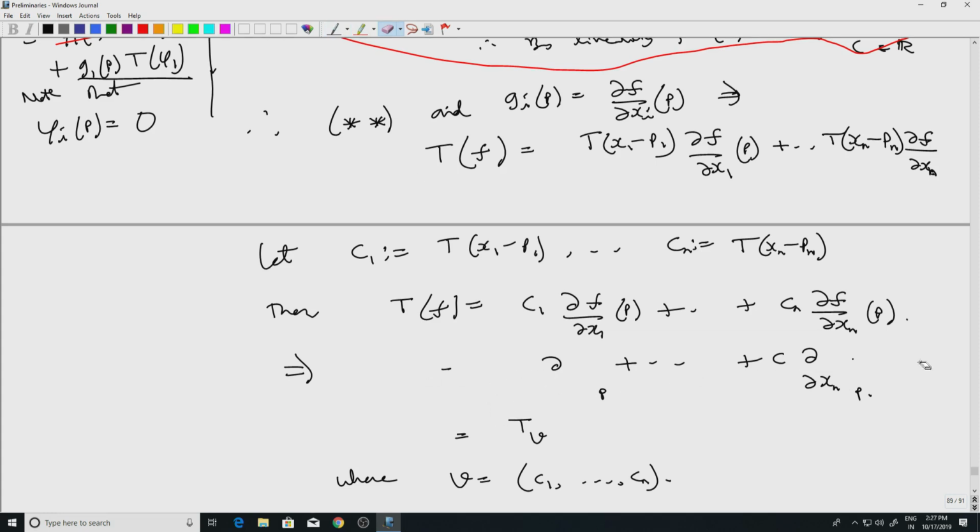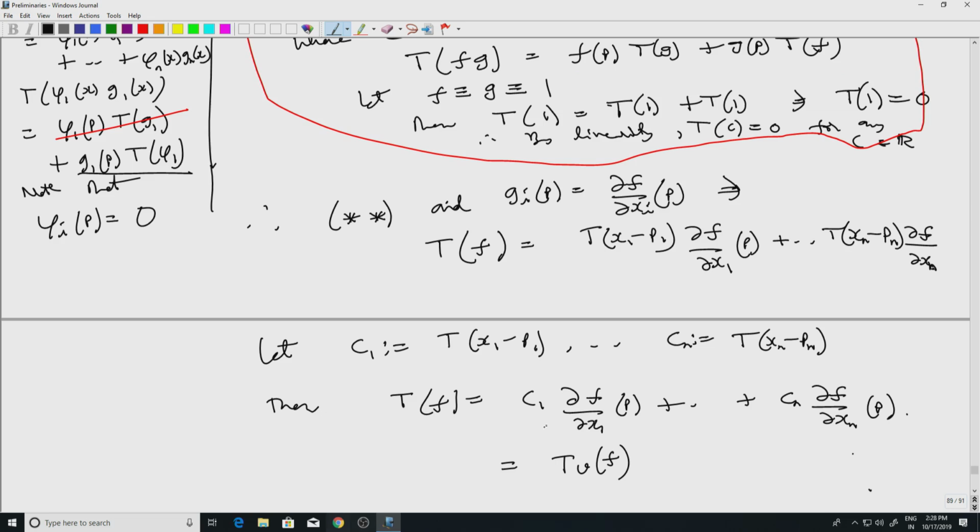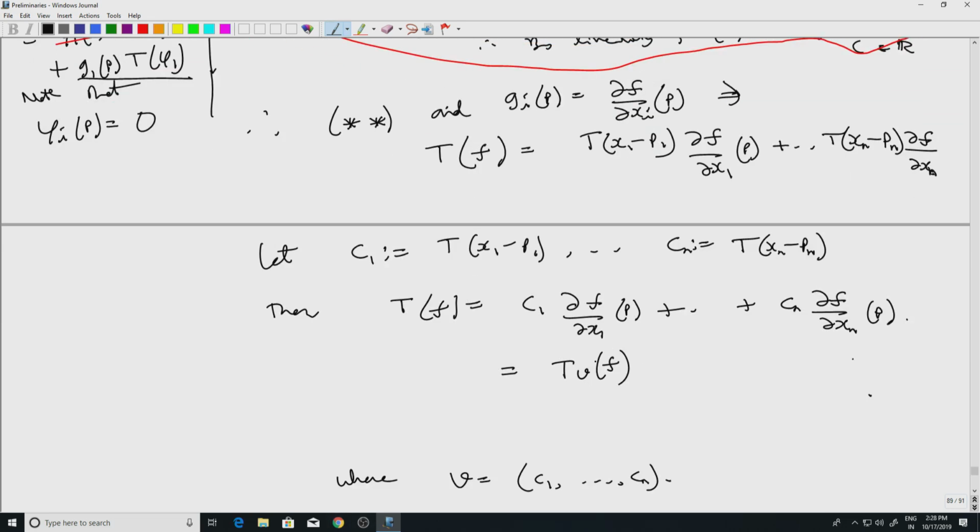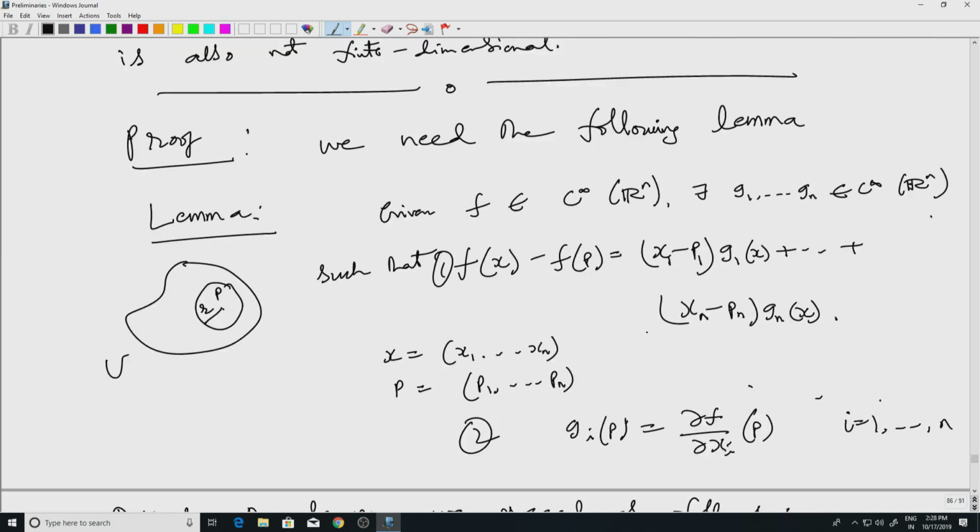At this point, I can just say that this thing on the right hand side is exactly T_V of f, where V is (C1, C2, ..., Cn), because remember that the directional derivative of f along the direction V was exactly this expression here, as I had written earlier.